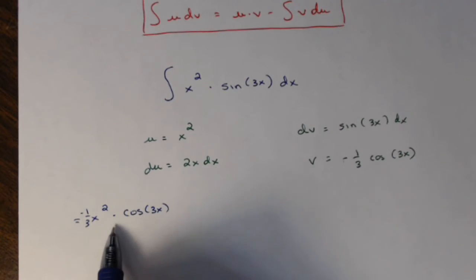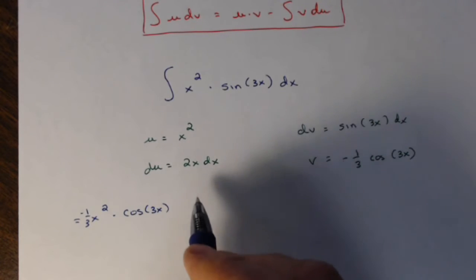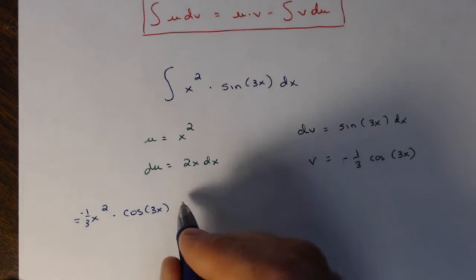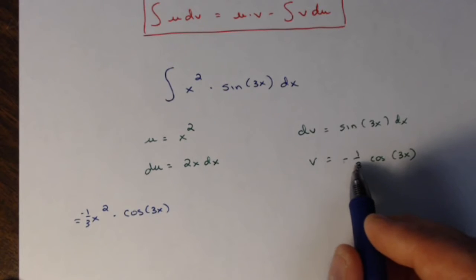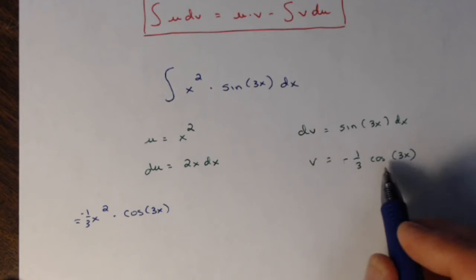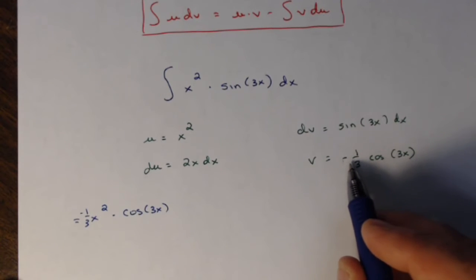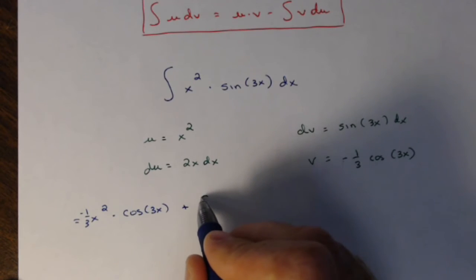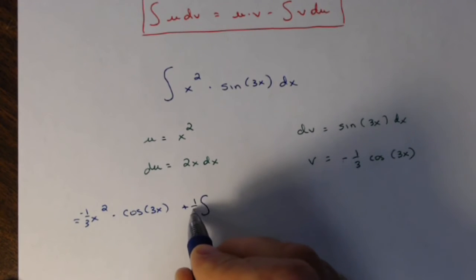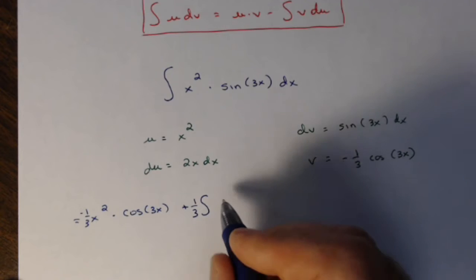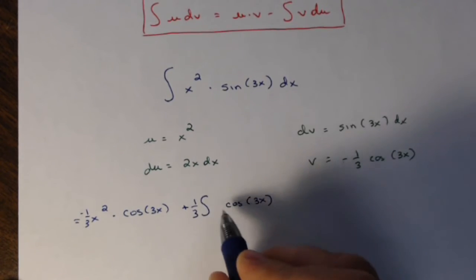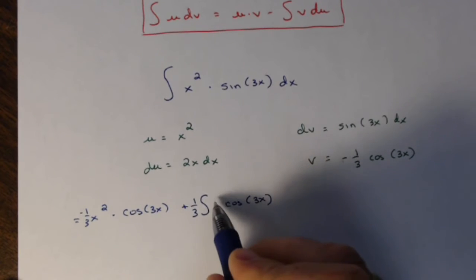So here's u times v minus the integral of v du. So I'm just looking ahead here a little bit, and it's going to be minus the integral of this negative, so we're actually going to have that double negative again. So minus the integral of v du. And again, just to clean it up here, here's du.